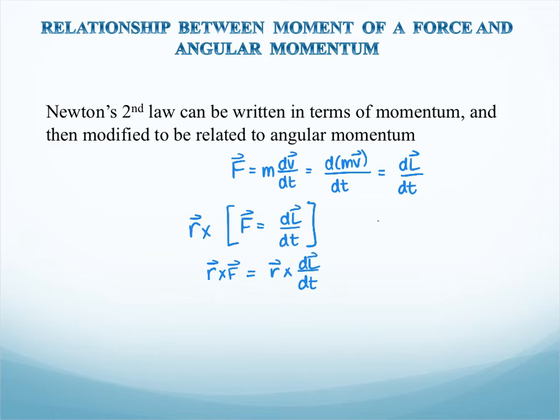Now, what we think, our hypothesis, is that we'll find that the moment is equal to the time derivative of the angular momentum with respect to time. That would make this equation similar to F is equal to dL/dt.